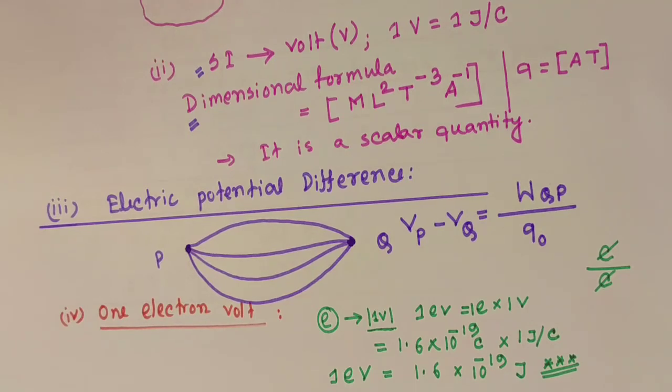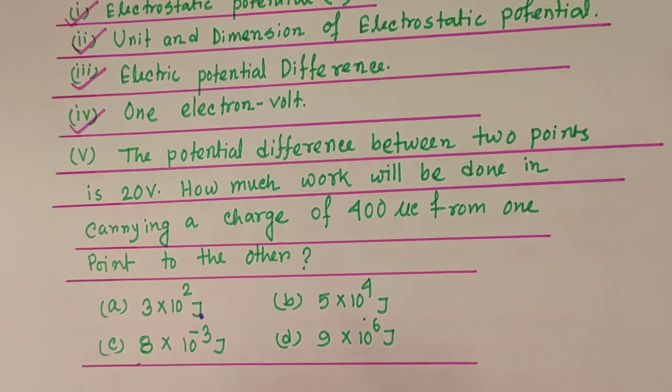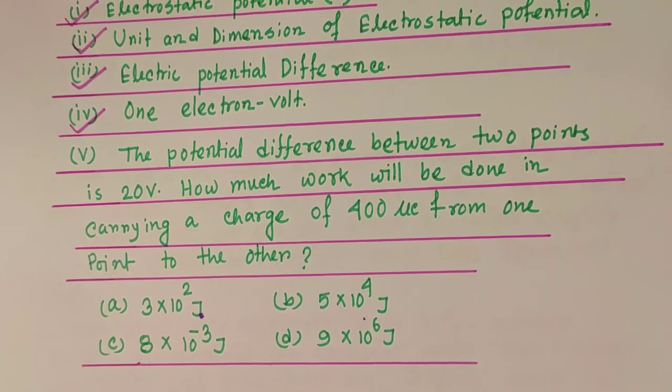Okay, now our next topic is one mathematical problem. You can see what the problem is. The potential difference between 2 points is 20 volt. How much work will be done in carrying a charge of 400 microcoulomb from one point to the other? Let's see.